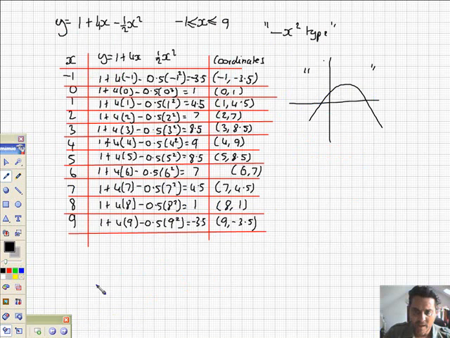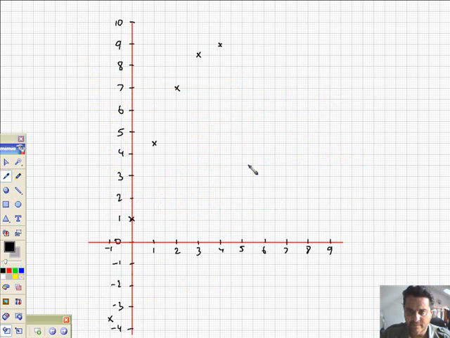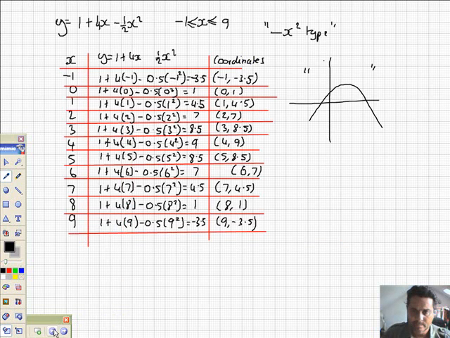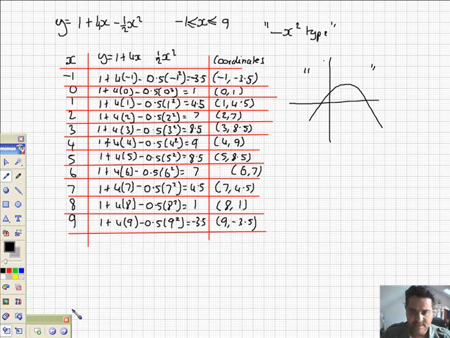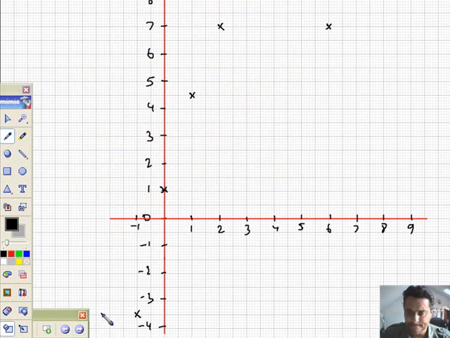Then 5, 8.5. 5 and 8.5. It's going to be right there. Next one. 6, 7. 6 and 7's there. Then we go 7 and 4.5.